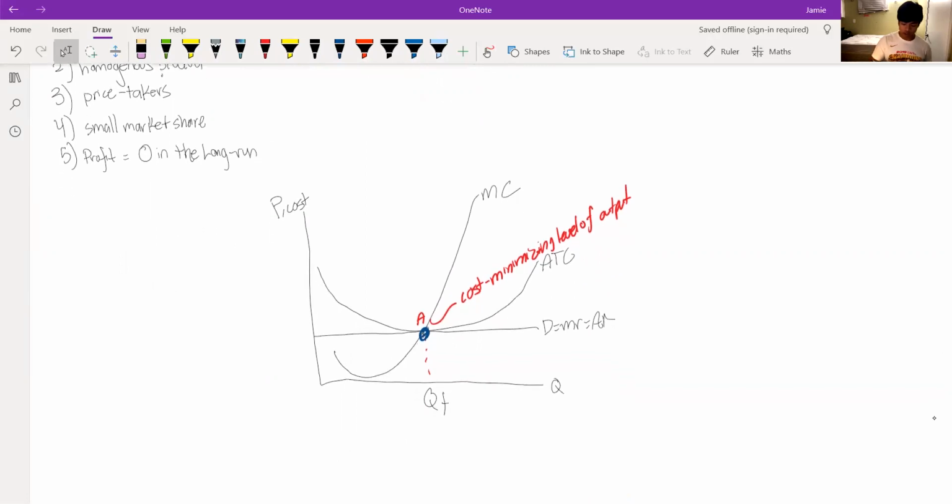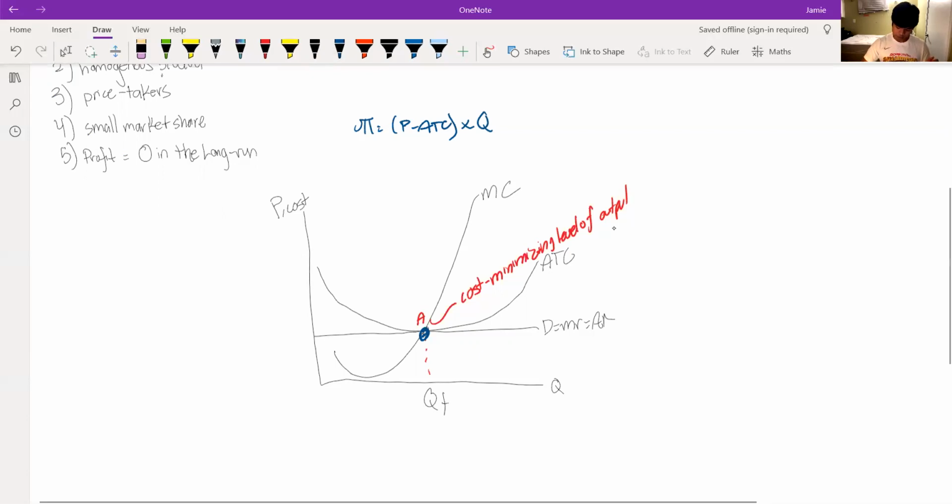Profit here is equal to 0. Profit is equal to price minus average total cost times quantity. And so since there's no vertical distance between the marginal revenue and the average total cost at QF quantity, there is going to be no profit. So profit is equal to 0 in this case here. Okay.